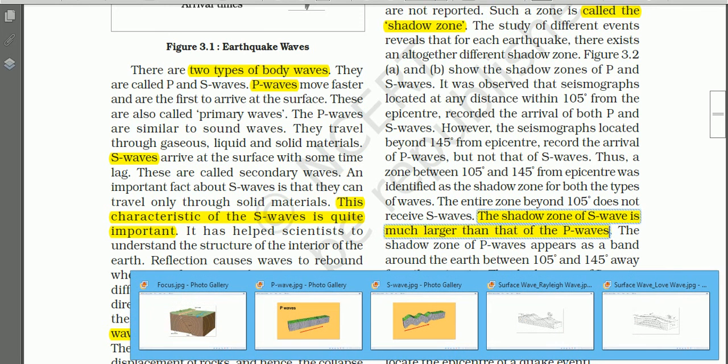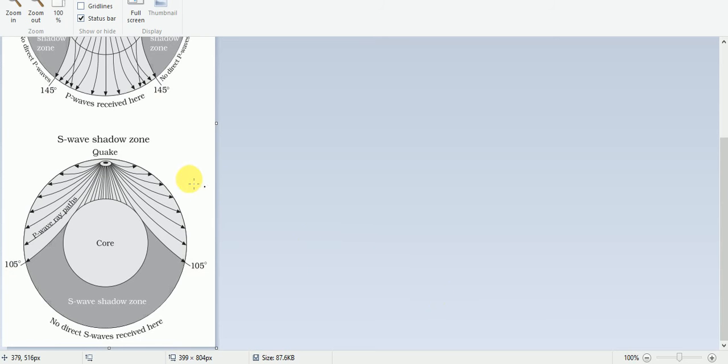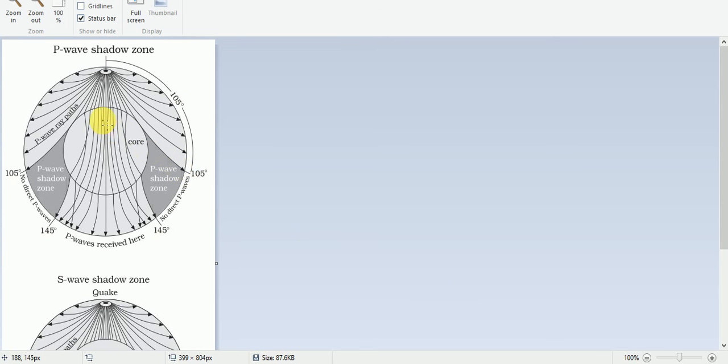Okay, now let us see again. So this is, as I told you, here. This area is not receiving this P wave, and hence this zone is known as shadow zone of P wave. So here the area is between 105 degrees and 145 degrees.